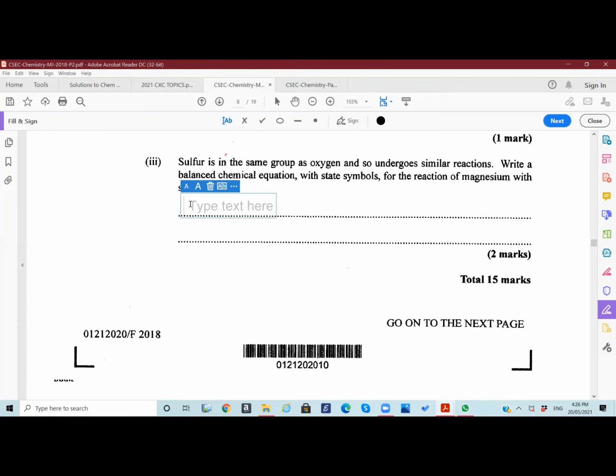When magnesium reacts with oxygen, what is formed? Magnesium oxide. Right. So it's not two oxygens, it's just one.